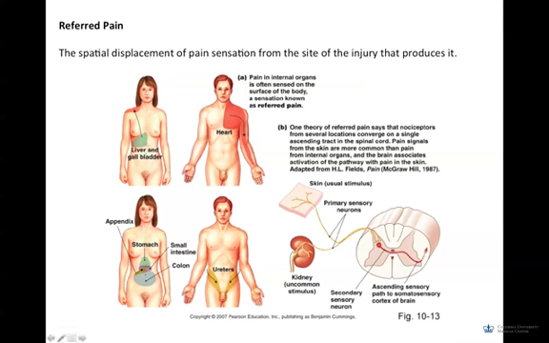Now, the mechanism for referred pain, the predominant theory is one of convergence. And the idea is that when we feel pain in a visceral organ, let's say here the kidneys, okay, that pain is being conveyed by those C fibers that we looked at earlier, that ultimately are going to converge onto a spinal nerve. Okay.